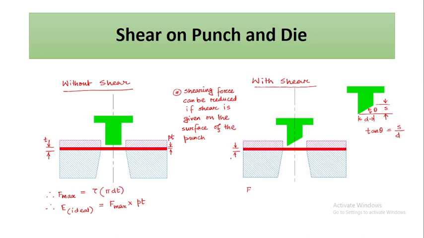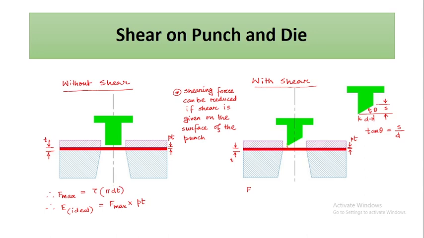The thickness of the sheet, and here is the penetration required, that is P into T. But if you see carefully, while this point is in contact over here, this point is not in contact with this point. As a result, this point is at a distance of S units higher from this surface.